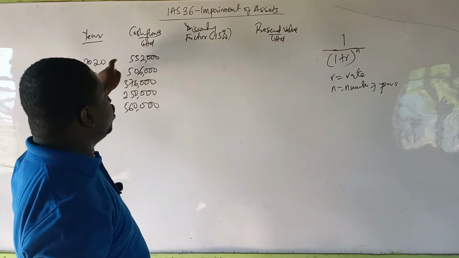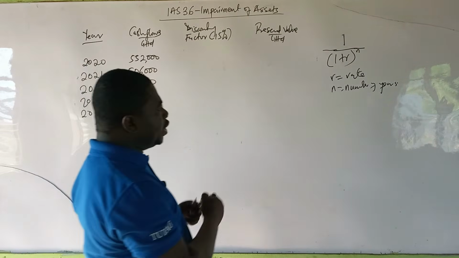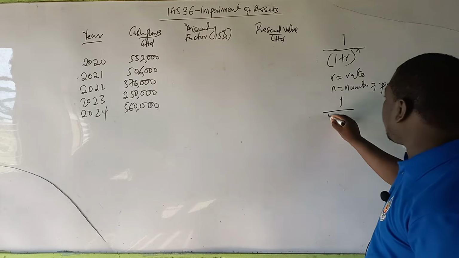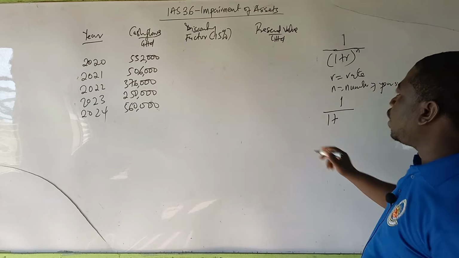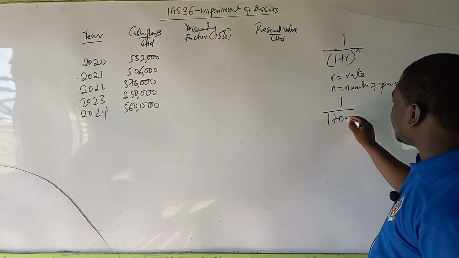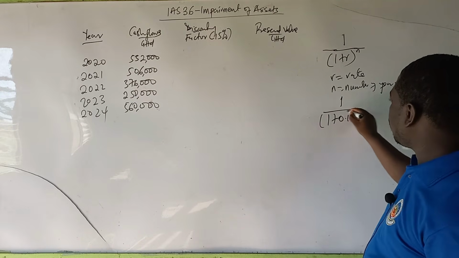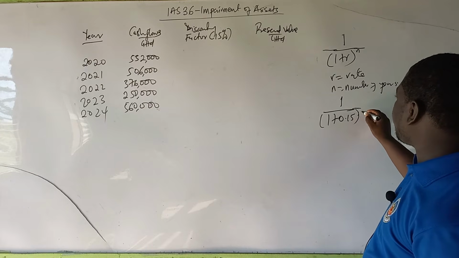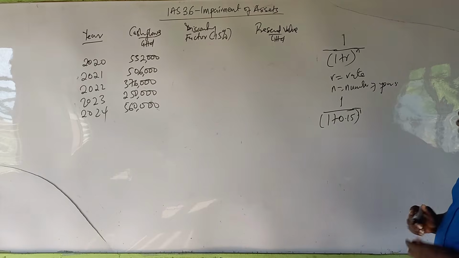And so if you are trying to get the discounting factor for 2020, I'm just using that as an example, it's 1 over 1 plus R. The R is the rate, 15%, which we are going to write as 0.15, all into brackets, raised to the power 1, because N is now 1.